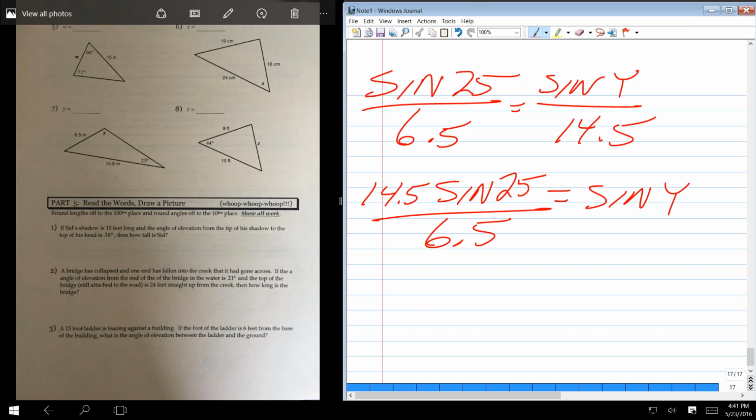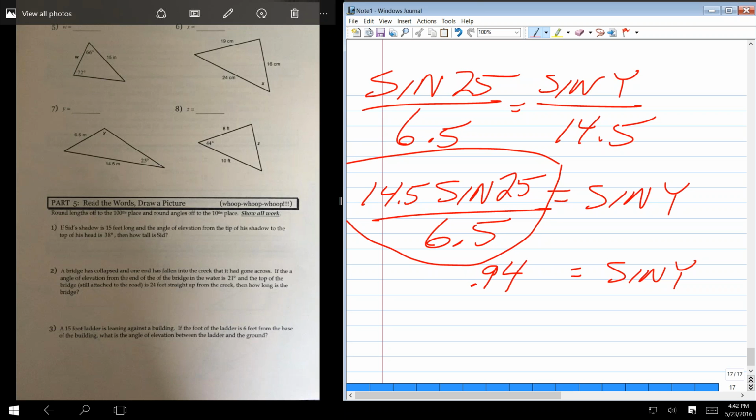So all I did as a first step was multiply both sides by 14.5. Come up with that number. I got 0.94.